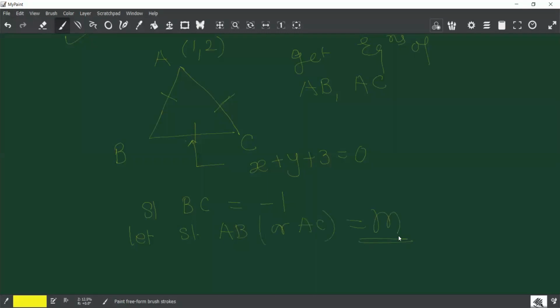The day before yesterday we did this same sum: 2 plus root 3, 2 minus root 3. Do you remember? Only it was in a different form. You know why? Because the angle between the two lines in each case is 60 degrees.